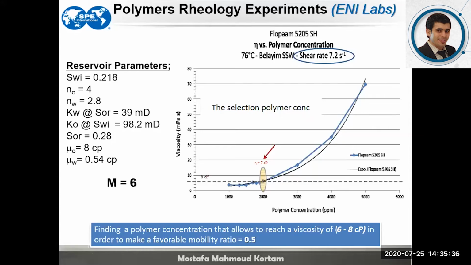So it's important to design your mobility ratio with a safety factor of 0.5, and if problems occur in your system and your polymer solution, it might return to 1, which is still a favorable mobility ratio.